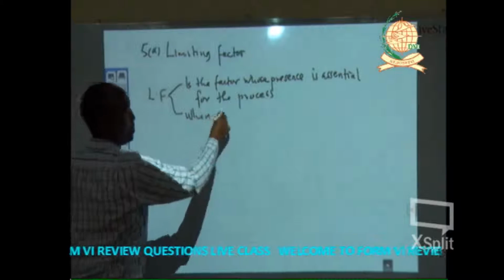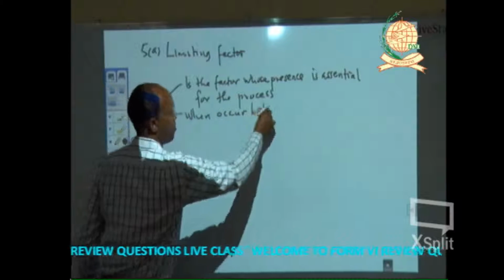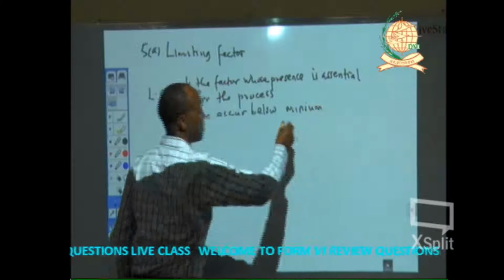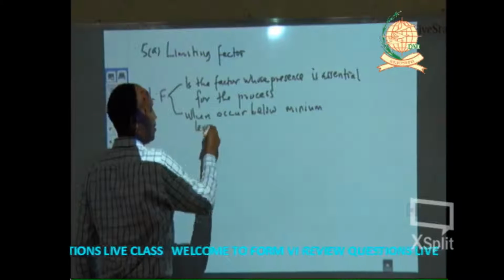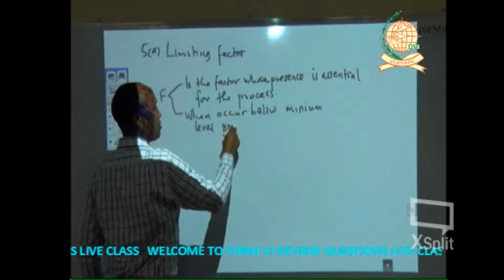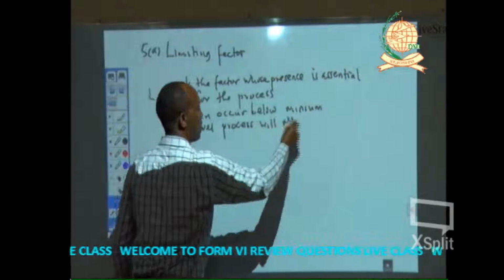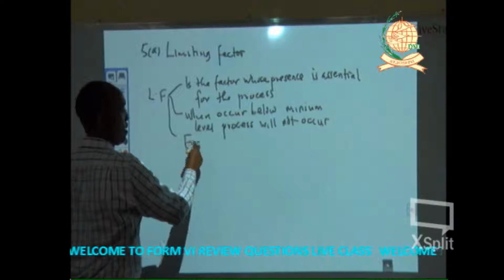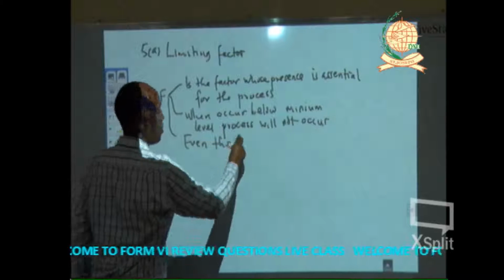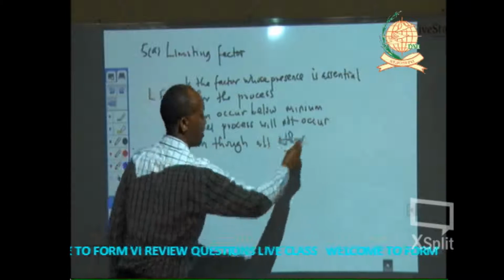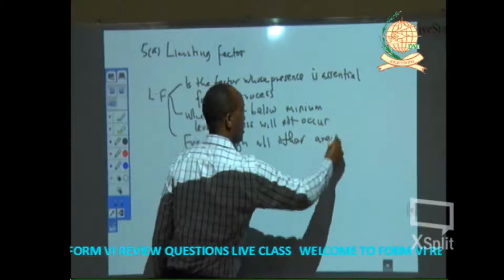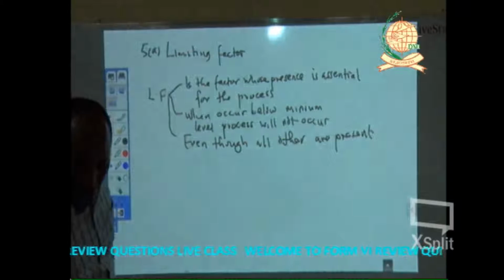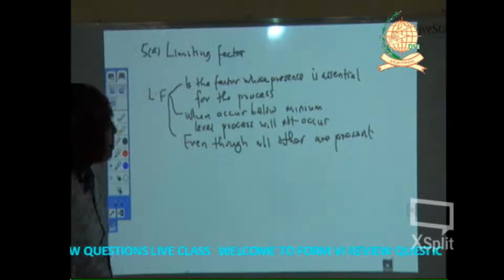When it occurs below minimum level, the process will not occur, even though all other factors are present in excess.